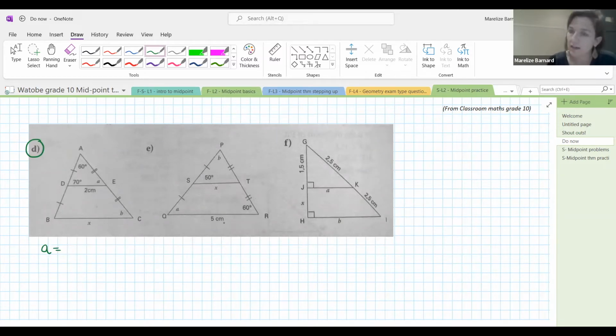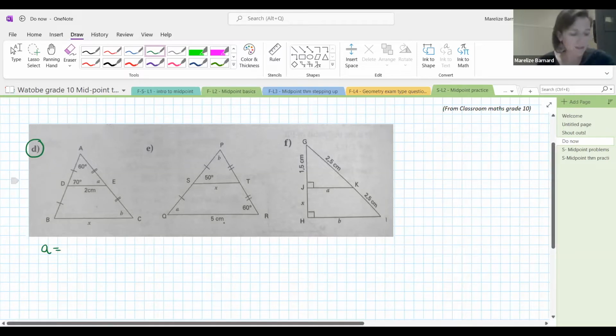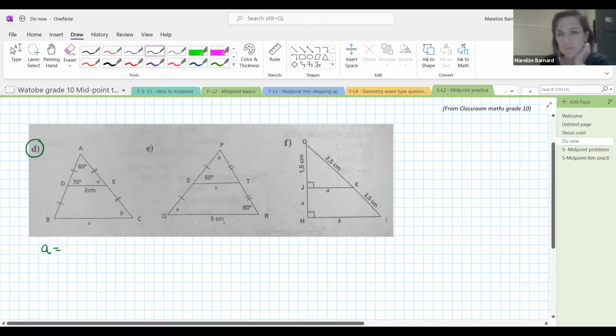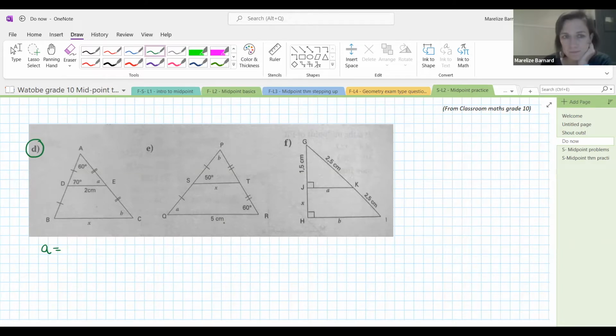Remember, in FET now, grade 10, most of the time, you only get marks for statement and reason being correct. So reasons is what it's all about. For question D, the variable is A that we are solving for. What is X equal to with your reason? Pop it in the chat.